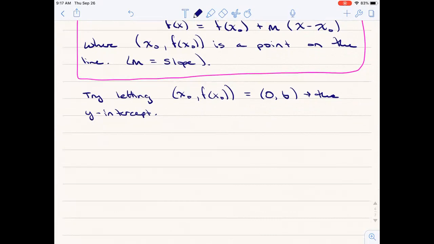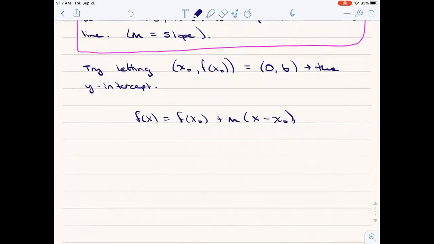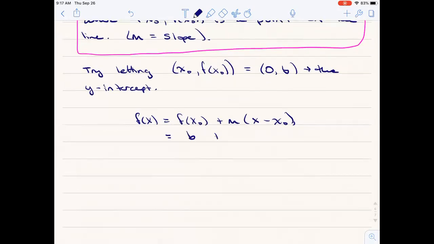So if we have the point slope form, f of x is f of x naught plus m times x minus x naught. F of x naught is b, plus m times x minus x naught, which is 0.